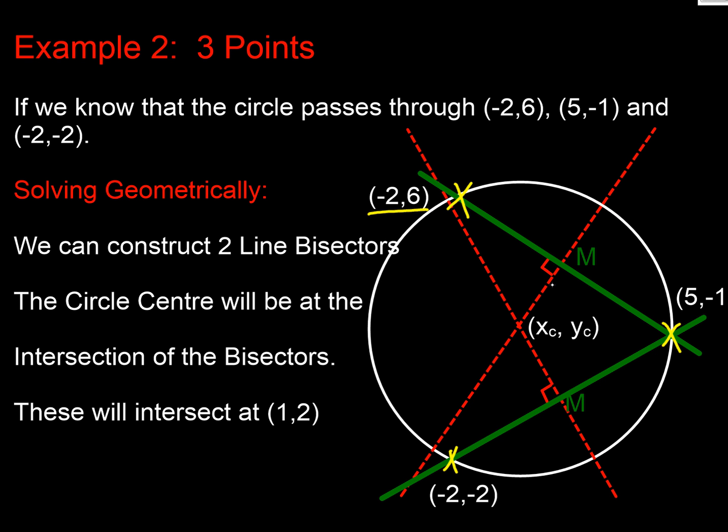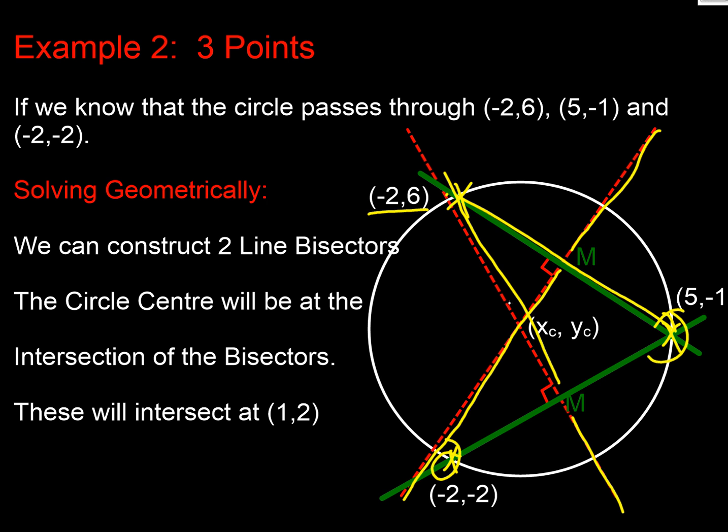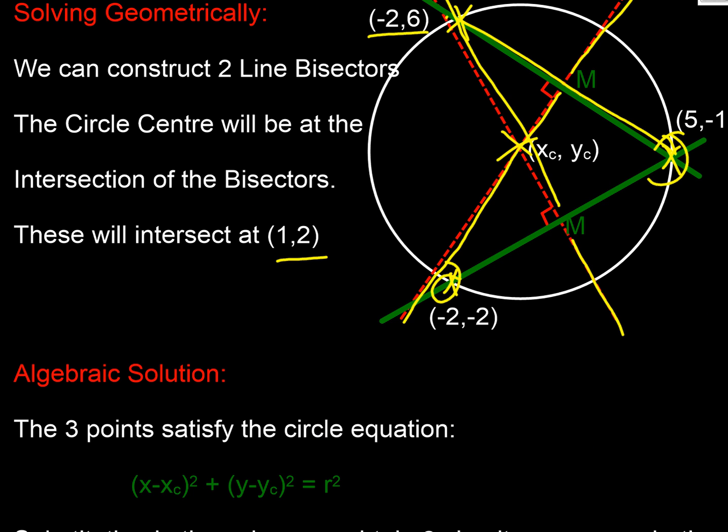Well, we could solve this graphically by constructing the two line bisectors, one between these 2 points here. So that's our one coming down here, isn't it? That's one of them. Or we can find our line bisector of these 2 points here, the lower two, and that will give us this line here. And where they intersect will be the centre of our circle. If we did that construction, we'd get (1, 2) as being our point.